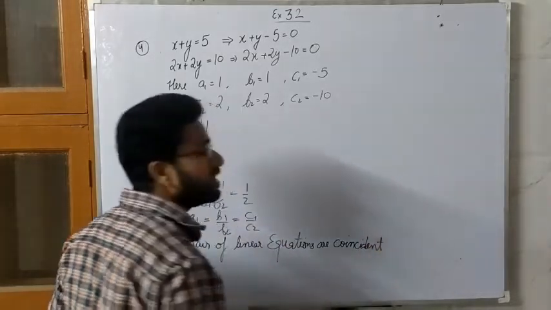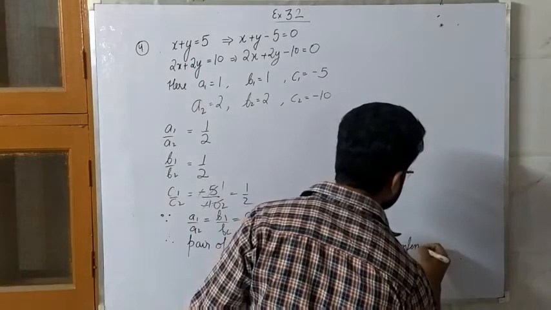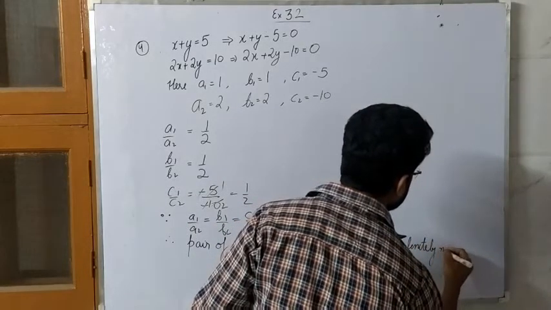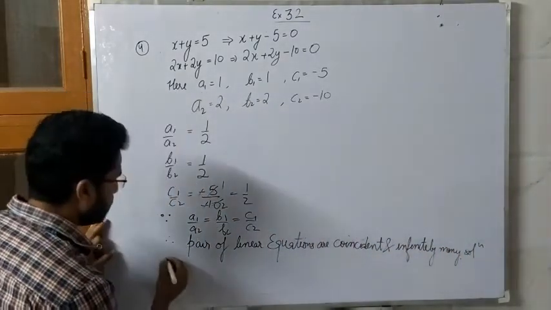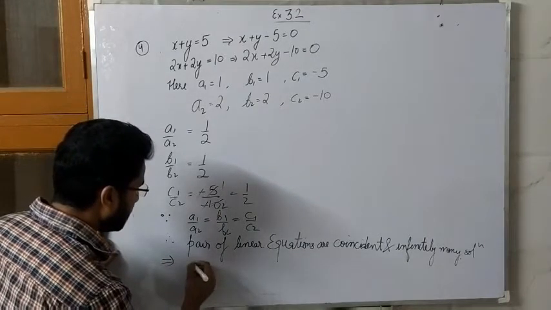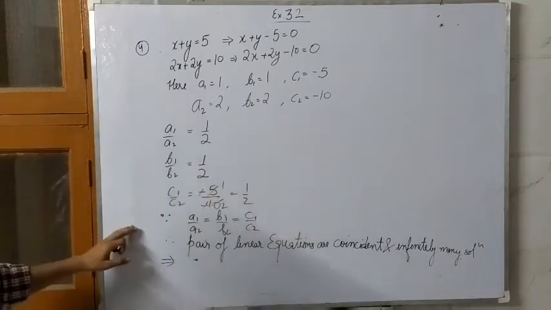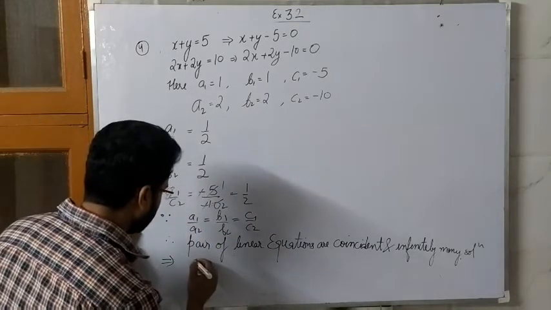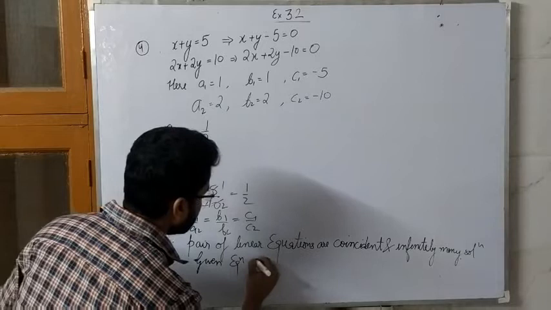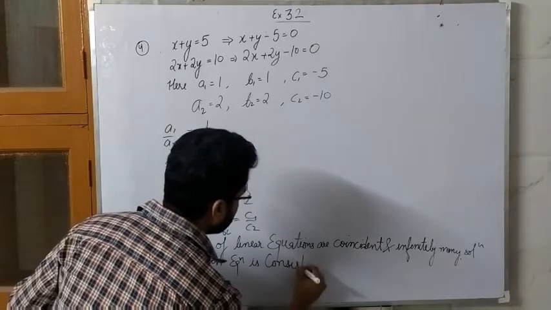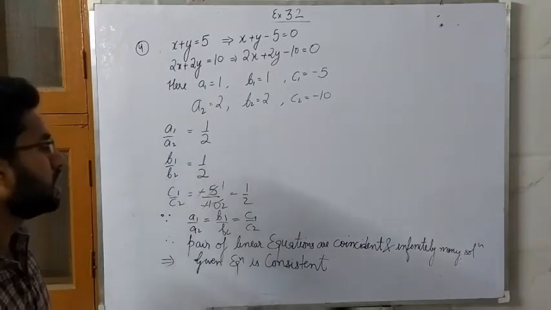If they are coincident, then they will have infinitely many solutions. And so this implies that the given equations are consistent, right? When it has infinitely many solutions, then also the given pair of linear equations are consistent.